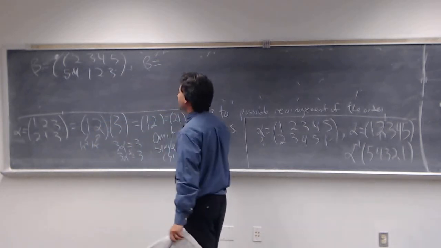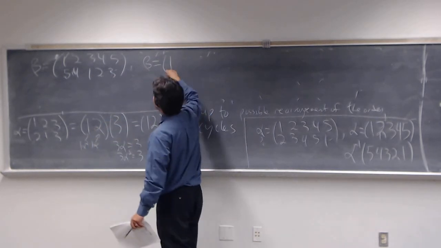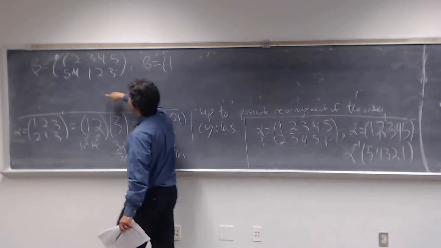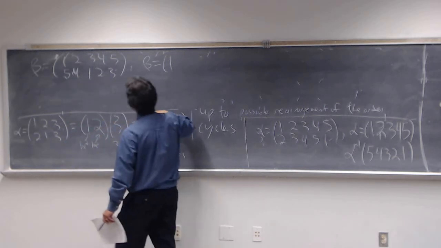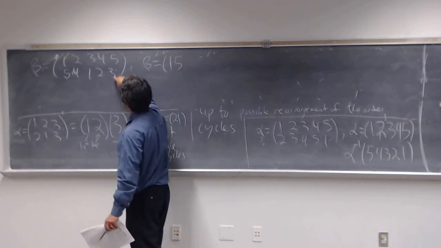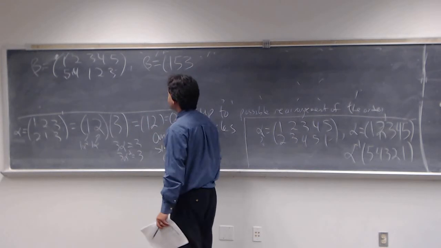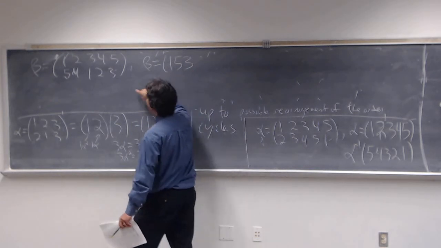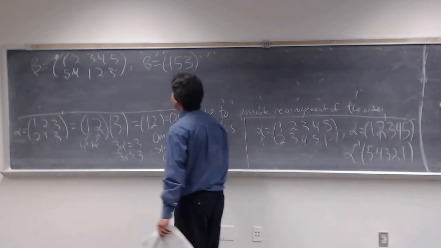So beta, we'll start with 1. 1 would go to 5. Then what about 5? 5 would then go to 3. 3 would come back to 1, so that closes the cycle.